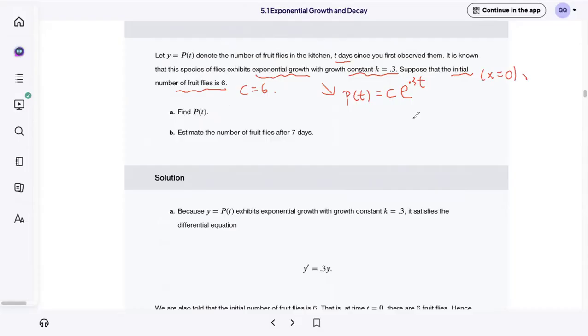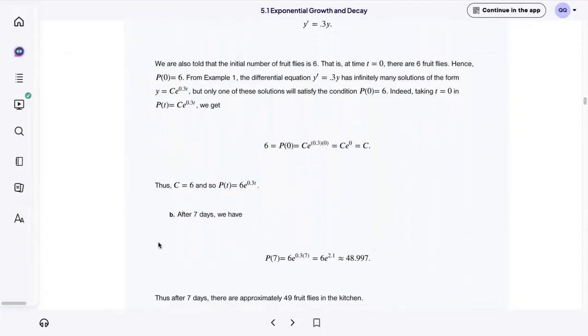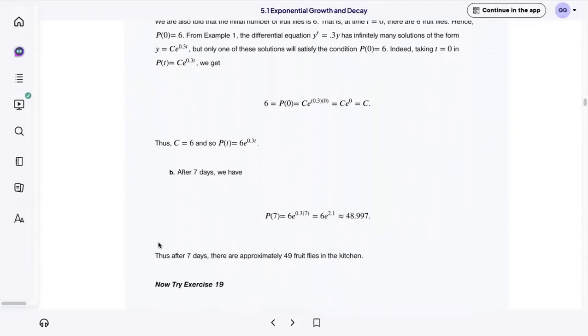So that gives us c as 6. Then we can write p of t equals 6, c is the initial value, times e raised to 0.3t.